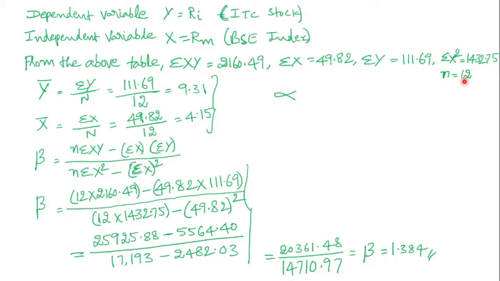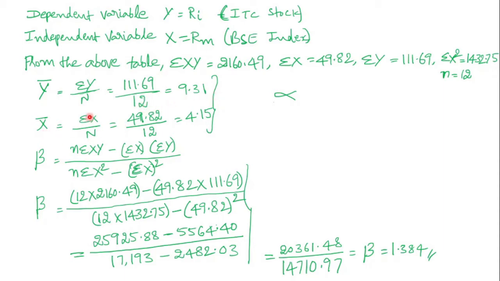After noting down these values, for interpreting this, I wanted to find y bar and x bar also. Y bar is nothing but sigma y by n. Sigma y is equal to 111.69. So 111.69 divided by 12 is equal to 9.31.